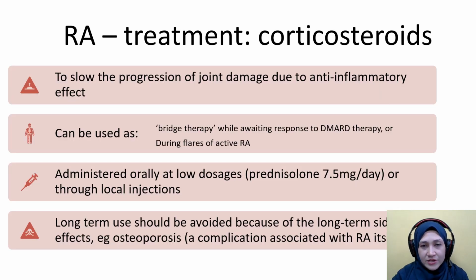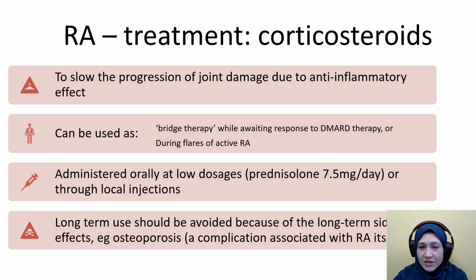For the corticosteroid, the benefit is that it can slow the progression of joint damage due to anti-inflammatory effects. So it will reduce the inflammation. It can also be used as a bridge therapy while awaiting response. It's also the same with the analgesics. So it will be used while awaiting the response to DMARD.